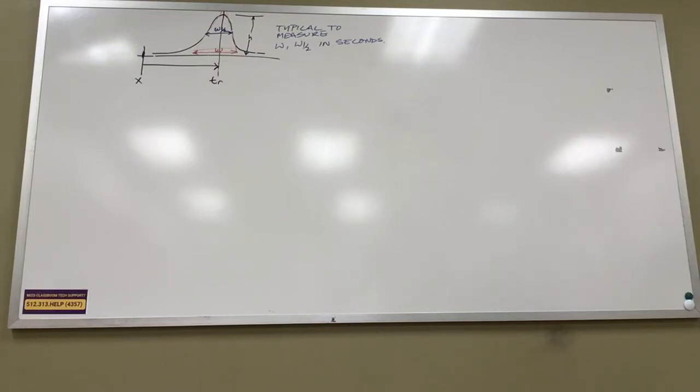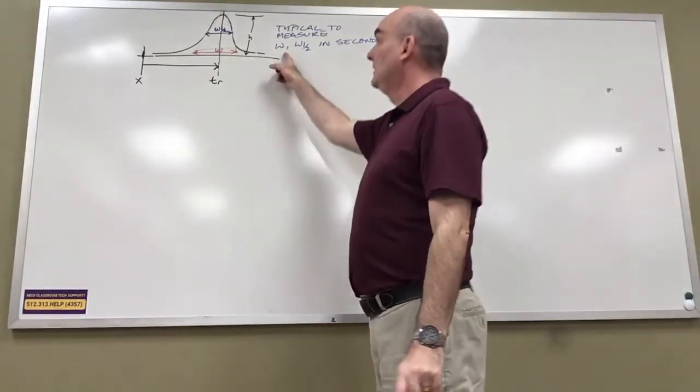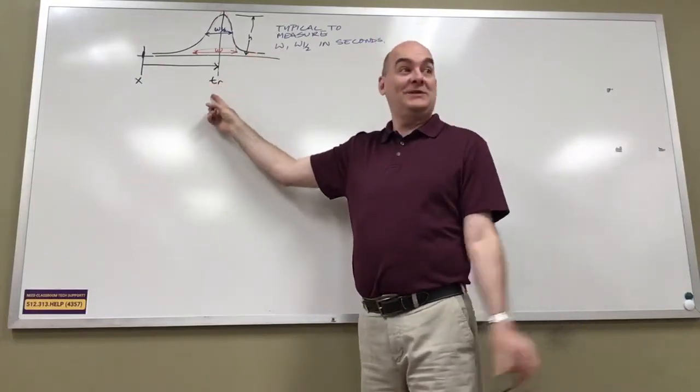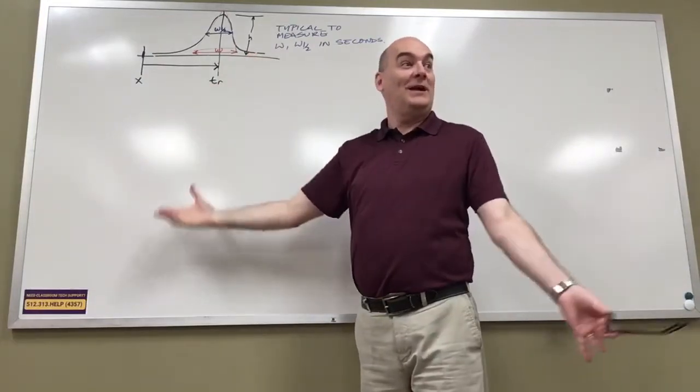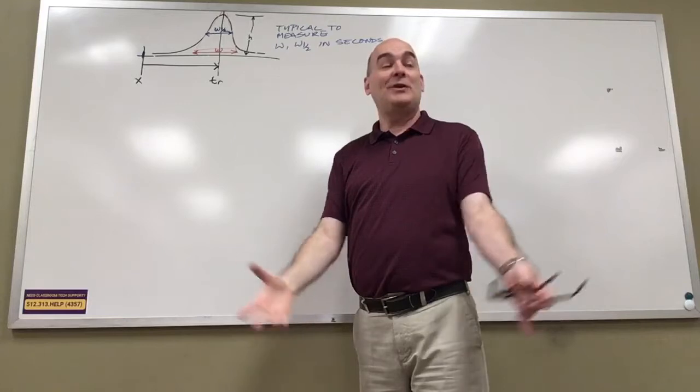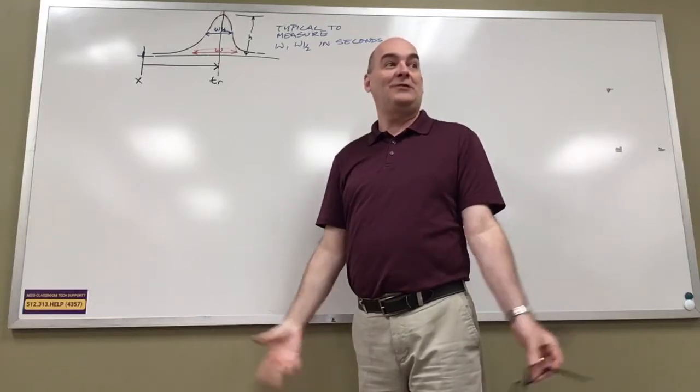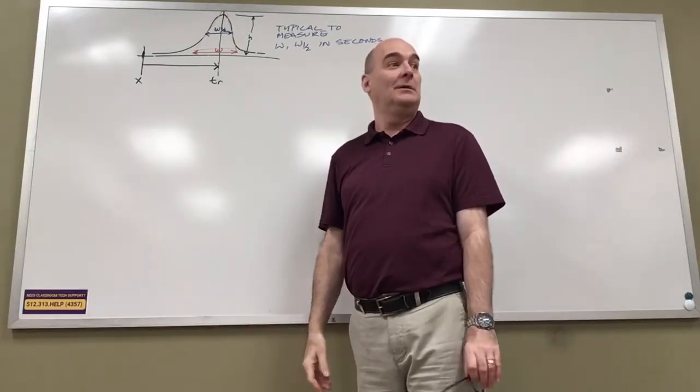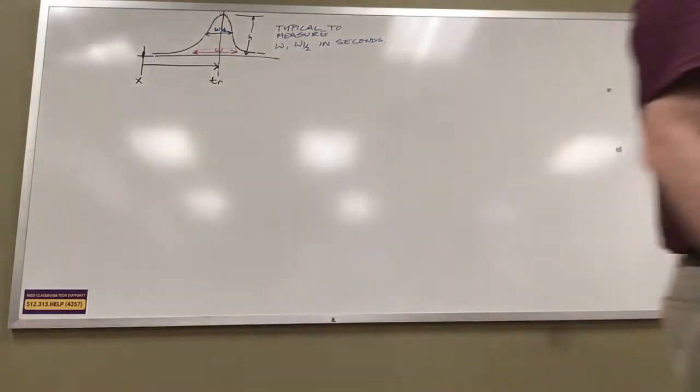And if those are in different dimensions, then I have a complicated answer. But if my width is in seconds and my time is in seconds, when I divide them by each other, I get a dimensionless unit. That's fabulous. It means I just get a number. That's why we're going to do width in seconds.